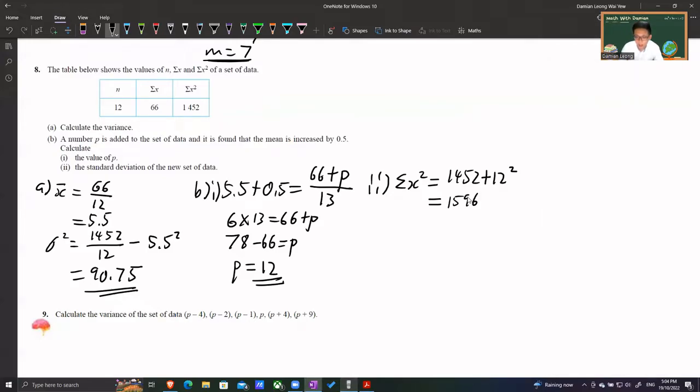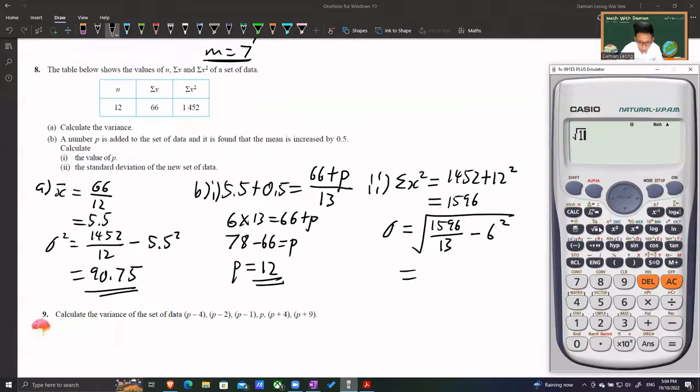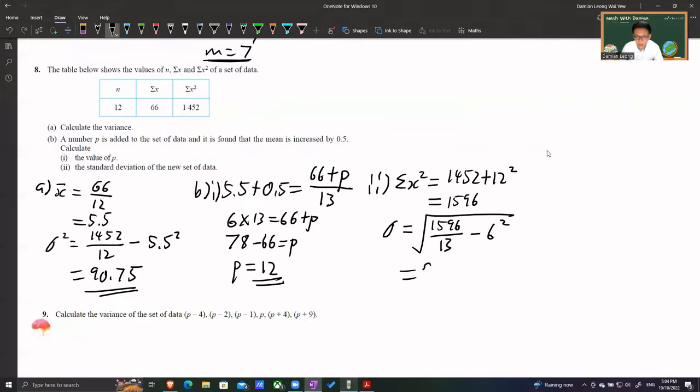Then I use that and the new mean and new n to find standard deviation. Square root of sum of x squared, 1596 over n, which is now 13. Mean is now 5.5 plus 0.5, 6 squared. So square root of 1596 divided by 13 minus 6 squared. 9.315. Okay. That's question 8.